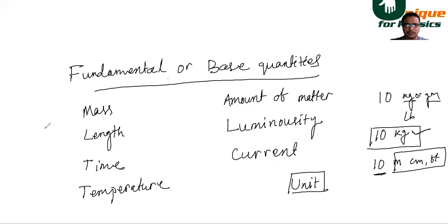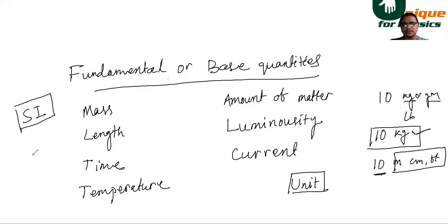Normally we will refer to SI, that is the International System of Units. These are the standardized units that we use worldwide. Just to standardize, my 1 meter should not be different from your 1 meter in some other country. My 1 kg should not differ from your 1 kg. Then there will be a deviation and no common understanding of the units. So it will be a problem.